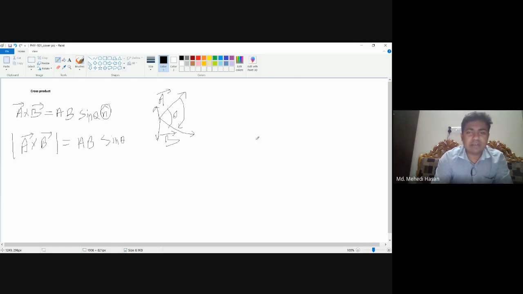Now let's find the cross product of unit vectors. So A cross B is equal to 1 into 1 into sine 0 degree, because the formula is AB sine theta, the magnitudes of the two vectors multiplied by sine theta. So sine 0 degree is 0.